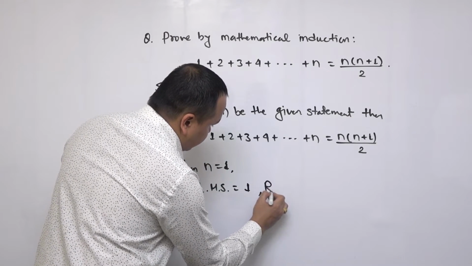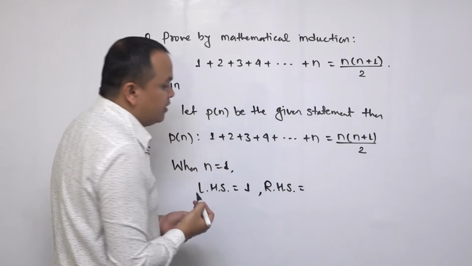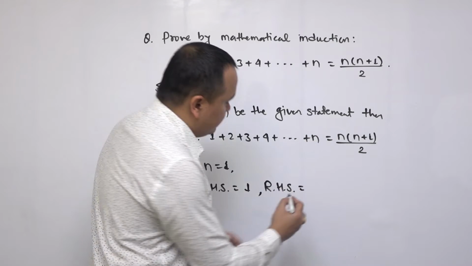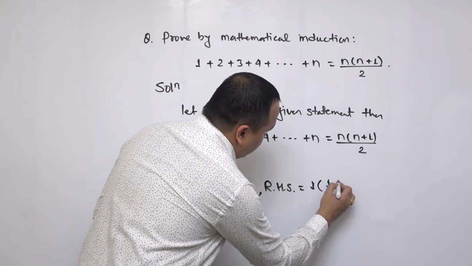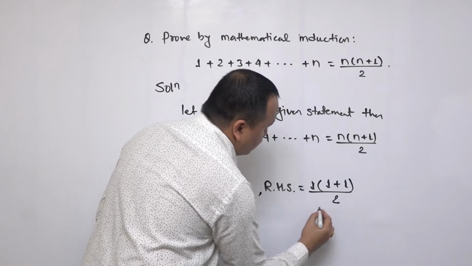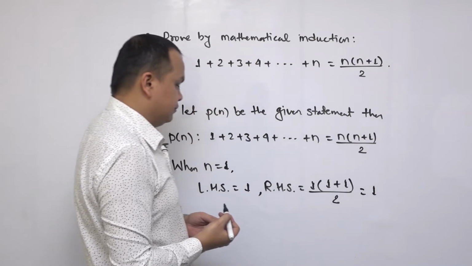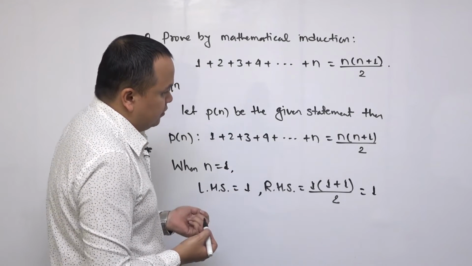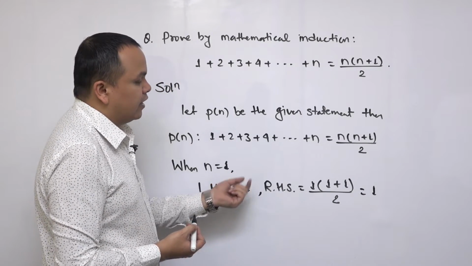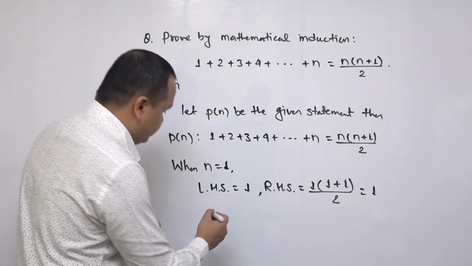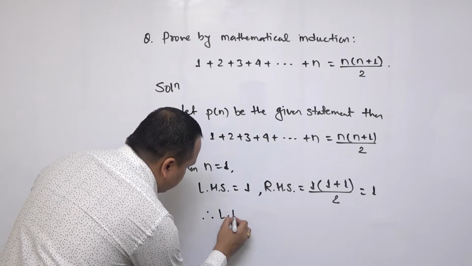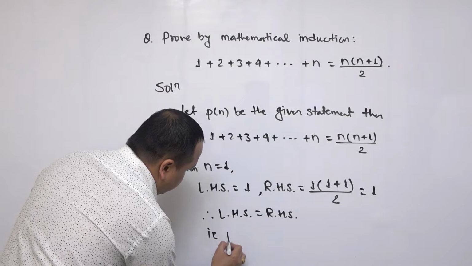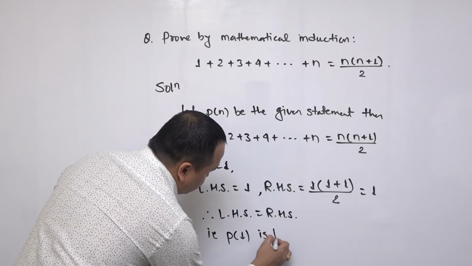Similarly, right hand side, put n is equal to 1: 1 times 1 plus 1 divided by 2, which is again 1. Our left hand side is 1, right hand side is 1. So left hand side is equal to right hand side. That is, P1 is true.